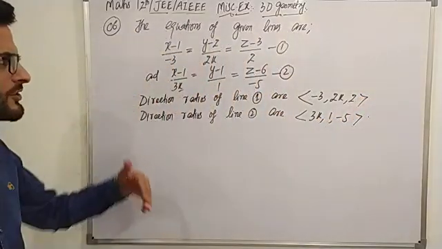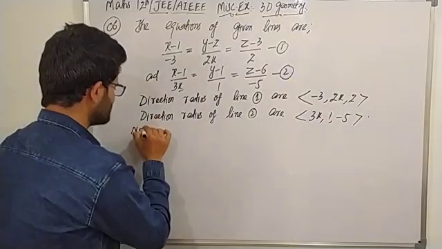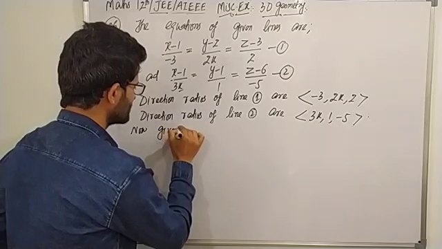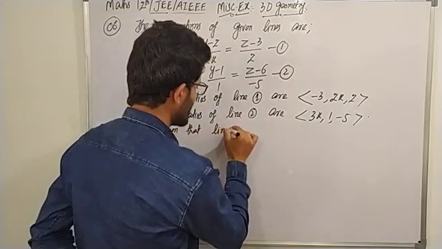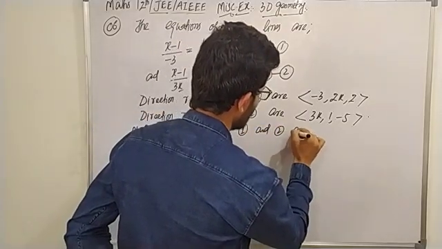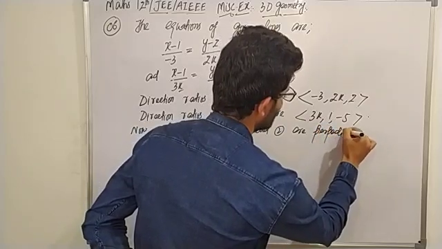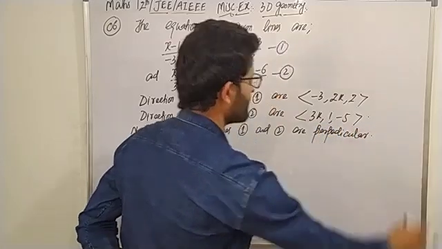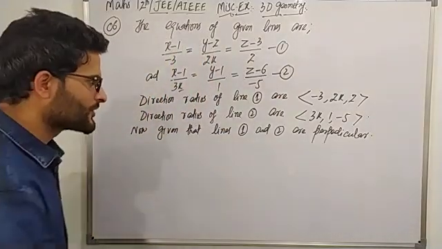Now it is given that these two lines are perpendicular. जब दो लाइन्स आपस में परपेंडिकुलर होती हैं तो डेफिनेटली सम ऑफ प्रोडक्ट्स ऑफ डायरेक्शन रेशियोज 0 के बराबर होगा.